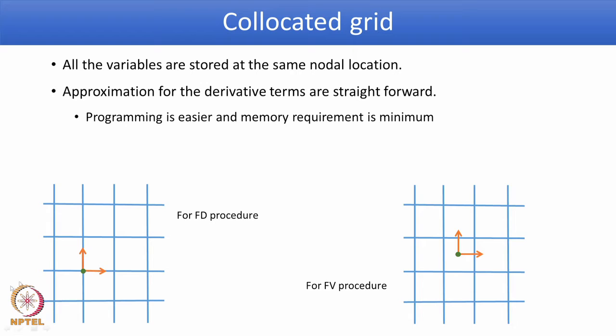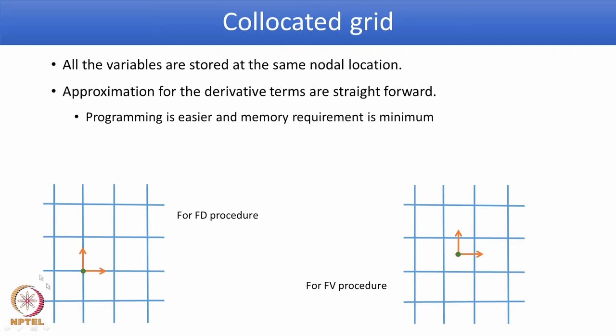In this example, the arrow going from left to right is for the u velocity, the arrow going from bottom to top is for the v velocity, and the dotted point that is marked indicates the node or location where other variables are stored, scalar variables like temperature, pressure, or concentration. So, all the 3 variables, for example u velocity, v velocity, pressure, are stored at the same location.